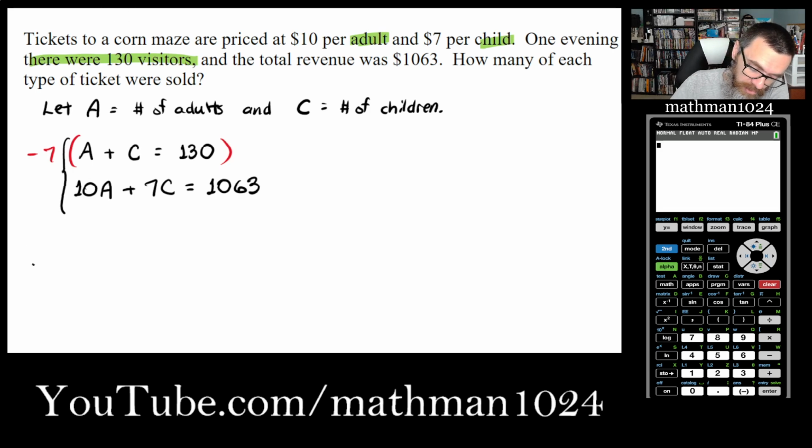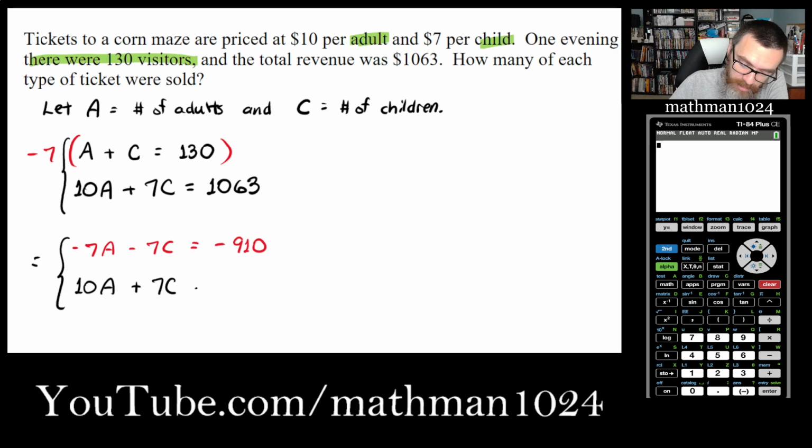All right, so when I do this, my first equation becomes -7A minus 7C equals -7 times 130, which is -910. And then we have 10A plus 7C equals 1063.